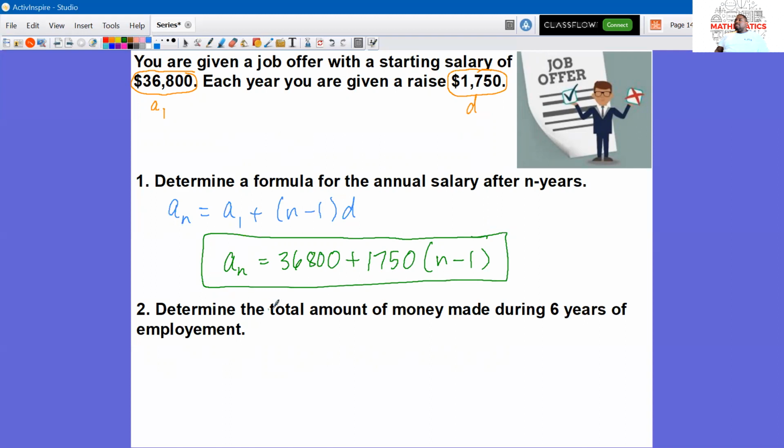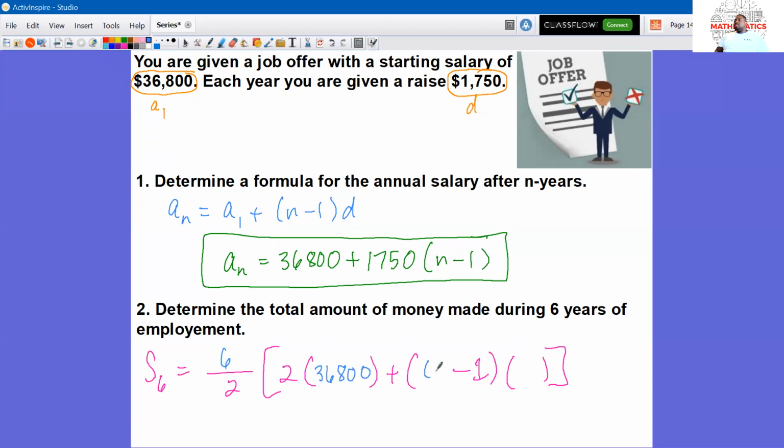Part 2 says determine the total amount of money made during 6 years of employment. So we're looking for S6. S6 is something over 2 times something plus something minus 1 times something. So plug in 6. A1 is 36,800, this is 6, and the common difference is 1,750.